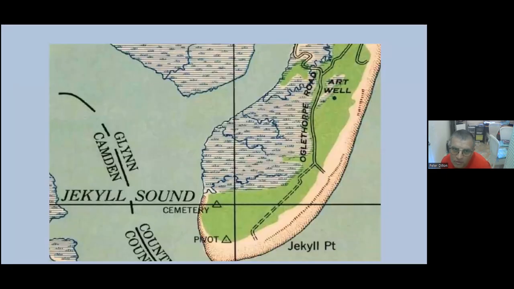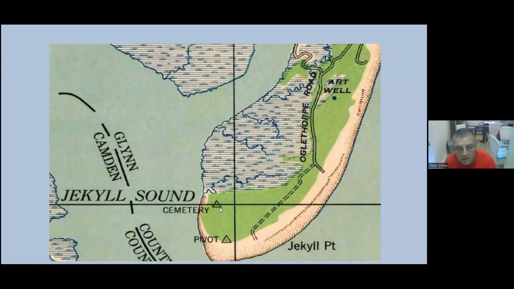This is another map from the U.S. Geologic Survey on Jekyll Island where I live. And I shared this with my neighbors, and it brought up a lot of questions. First of all, there is no longer an Oglethorpe Road. There's actually 2 roads here. One is Riverside Drive and the other is Beachview Drive. And on the southern part of the island, there's now a housing development, and the 4-H has a camp here.